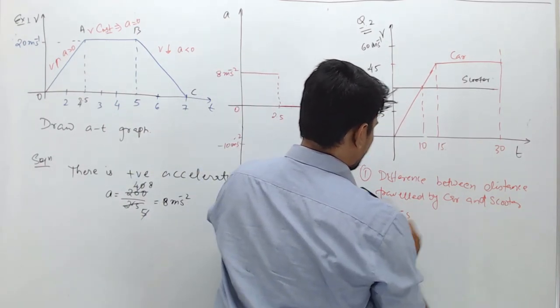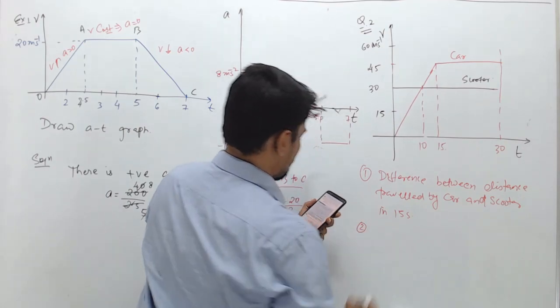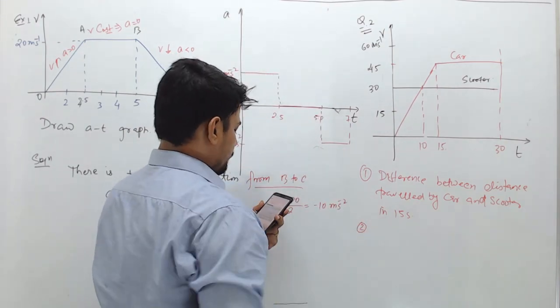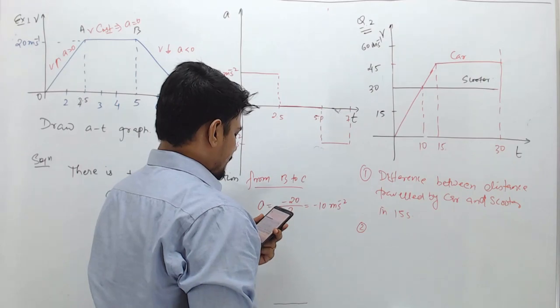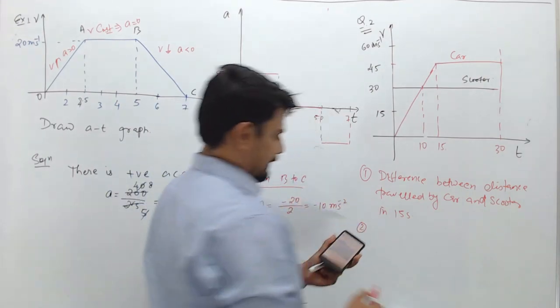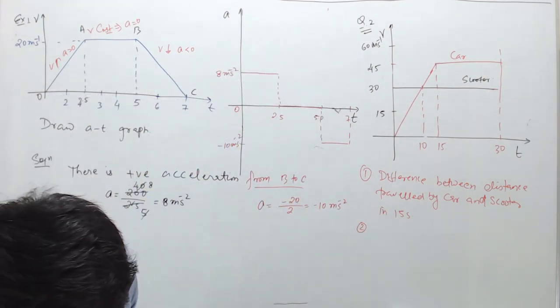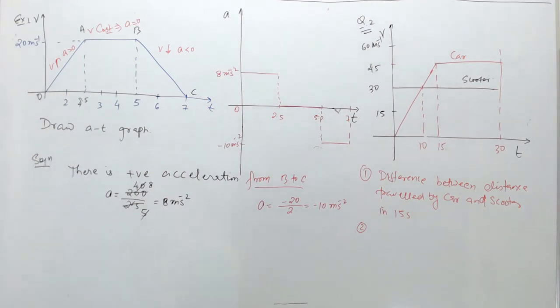In 15 seconds, that is question number 1. And number 2 says, the distance of the car and scooter from the starting point at the instant when the car catches the scooter. ठीक है, चलो जी, इसको हम लोग देख लेंगे. So basically, first of all, we have to find the difference between the distance traveled by the car and the scooter in 15 seconds.